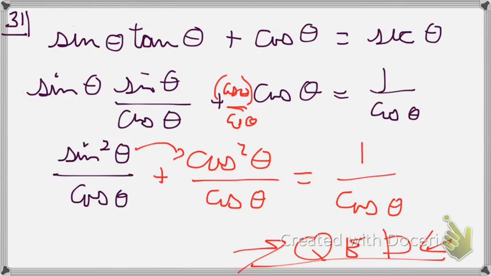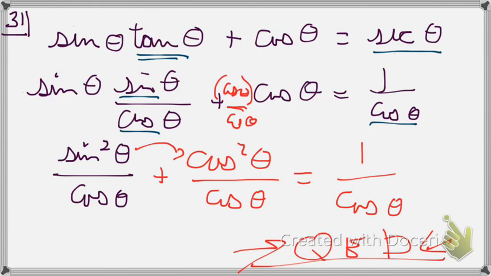Alright, 31. We were trying to prove this. Sine theta tangent theta plus cosine theta equals secant theta. Well, the first thing I do is write everything in terms of sine and cosine, which means I'm going to write tangent as sine over cosine, and secant is 1 over cosine.